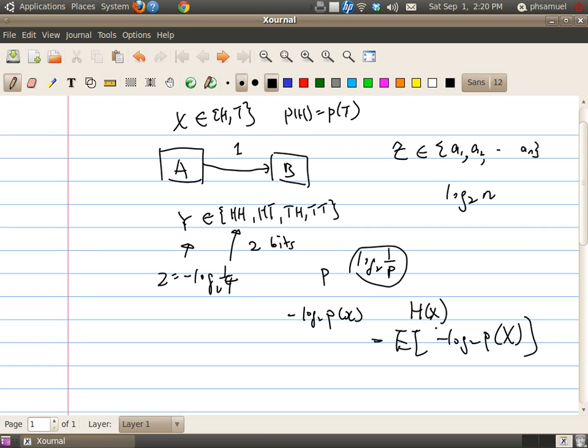Be careful, I am using the convention that a big letter represents a random variable and a small letter represents a realization of the random variable. And this is equal to minus the sum over x of p(x) log base 2 of p(x). And this is exactly the Shannon entropy.